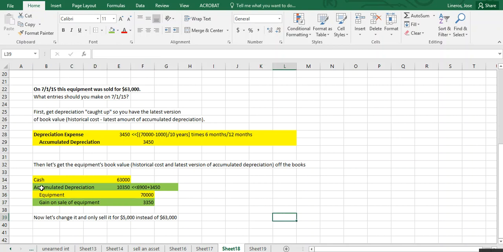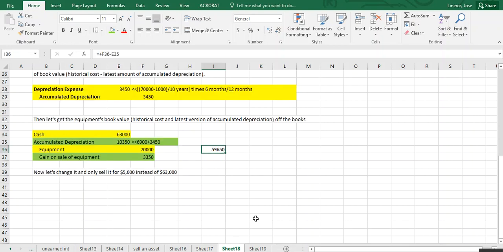Pay close attention because if you notice here, the net book value of this is the 70,000 minus the 10,350. Be mindful because net book value sometimes has to be calculated and sometimes it's just given to you. So if you look here, the net book value of this is 59,650.